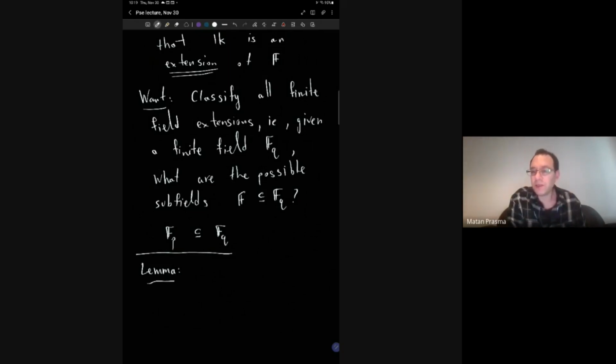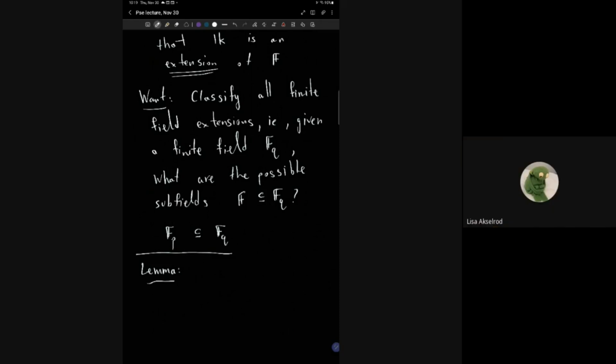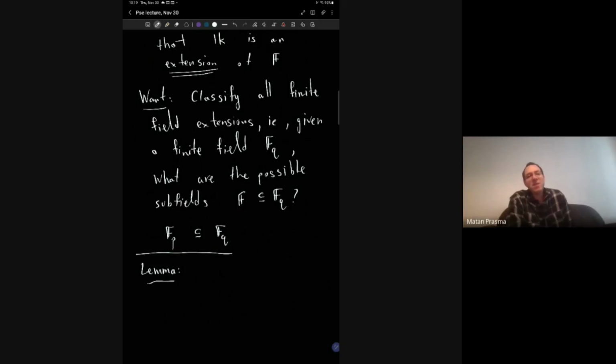Is there a question? Yeah. When you classify all field extensions, do you mean by classify somehow describe all possible, in our case, field extensions? Yeah, classify is a soft notion. It's a soft statement.